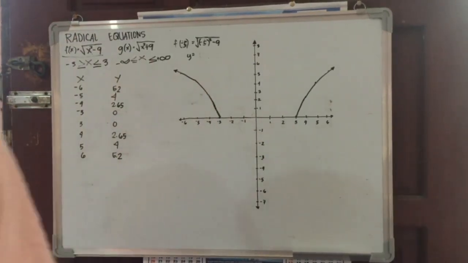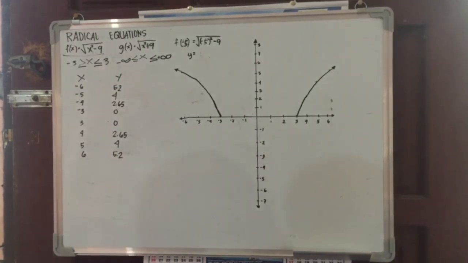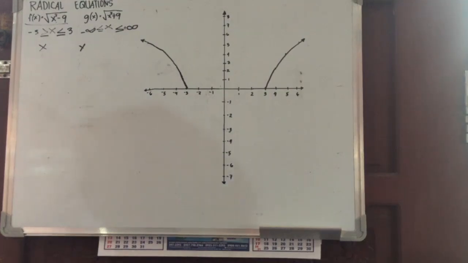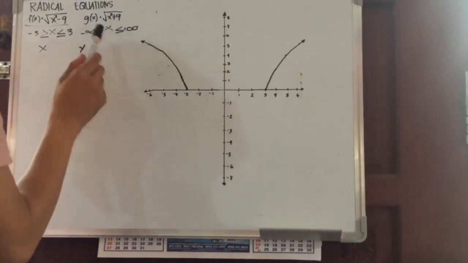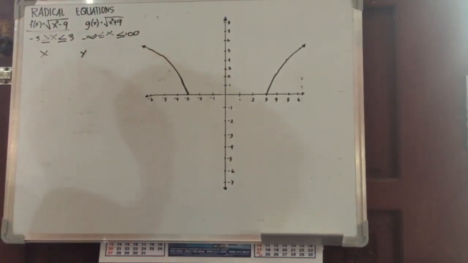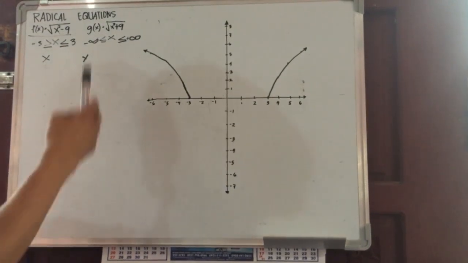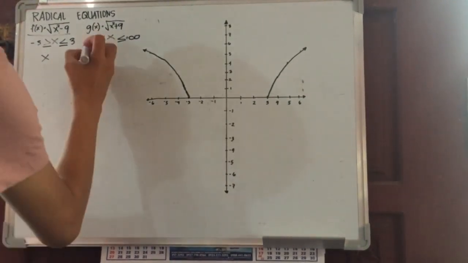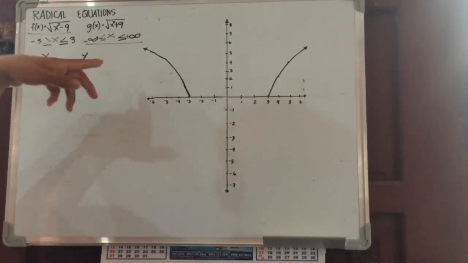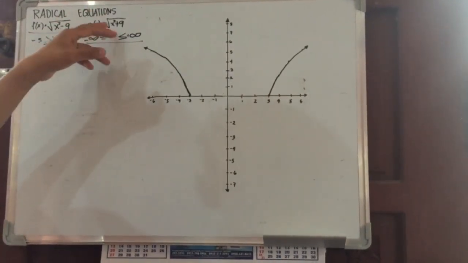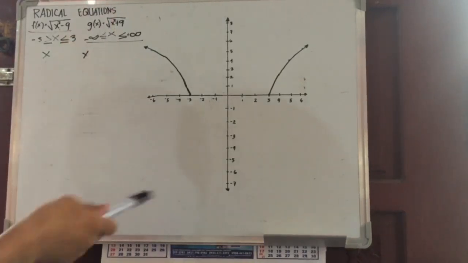So let's proceed with our second function, g of x equals the square root of x squared plus 9. As we can see, this is our domain for our second function, so you can plug in whatever value of x you want.